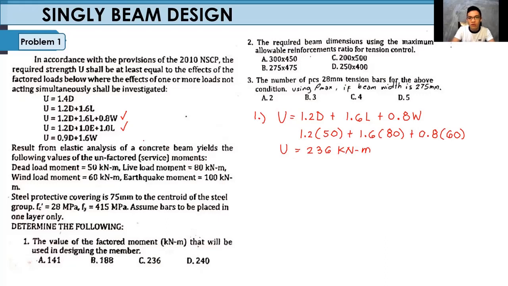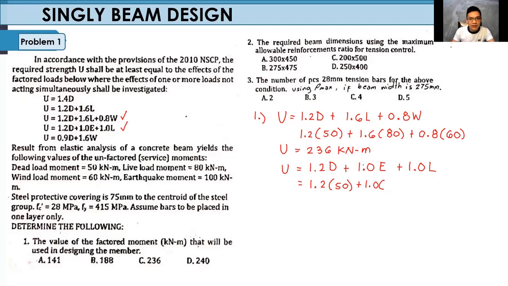So how about this one? We will be using that one and check natin kung saan yung mas malaki sa kanilang dalawa. So U natin is equivalent to 1.2 dead load plus 1 earthquake load plus another 1 live load. Ayan po. So, same pa rin kanina, substitute natin yung values. 50, dito is 80. Sorry, not 80.